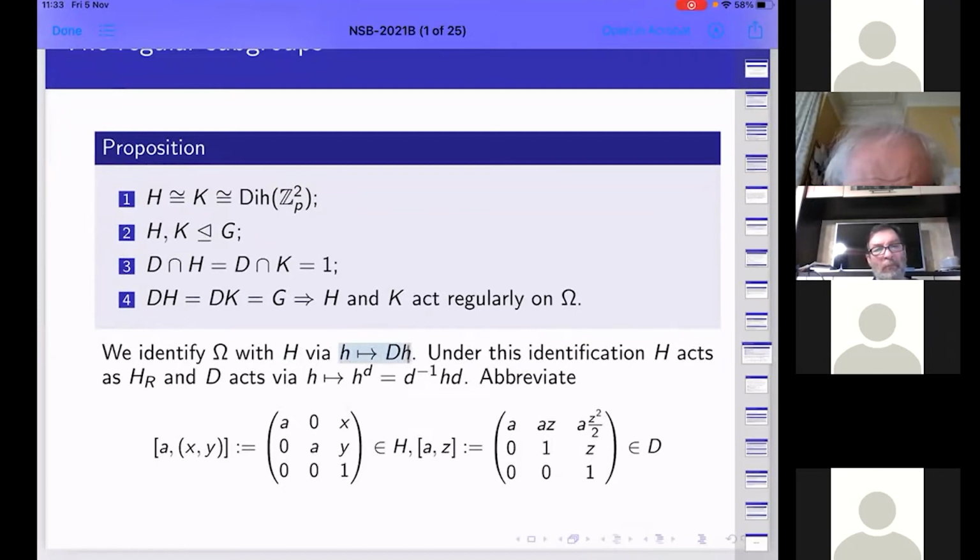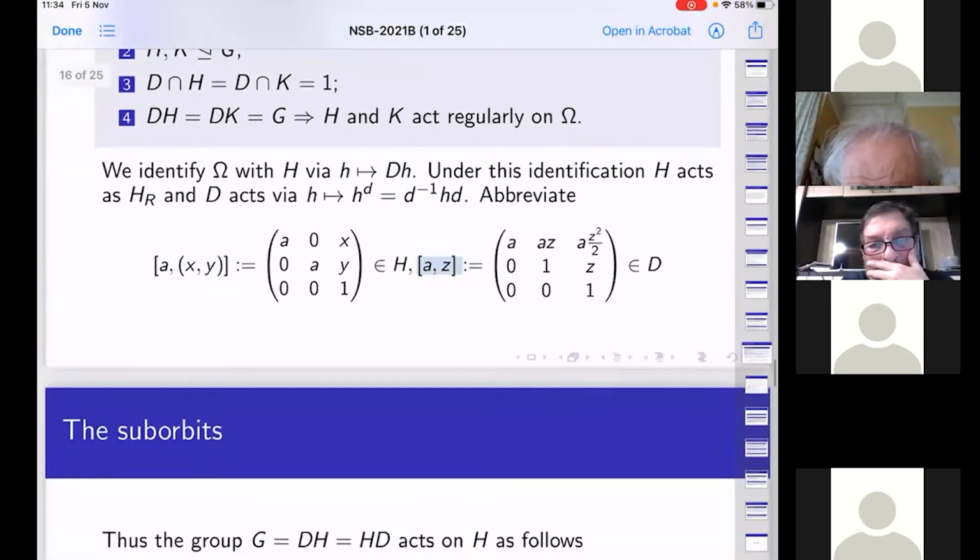You remember that omega is the set of the cosets, so every coset of D can be uniquely represented in this form, where h is taken from H. Under this identification, I may consider now that G acts on H. Now let me abbreviate the elements of H in this way, and elements of D in this way. D is now a point stabilizer.